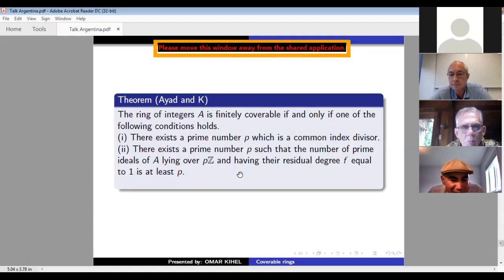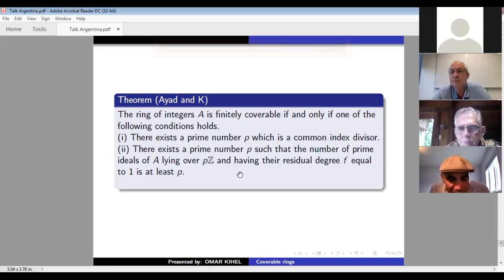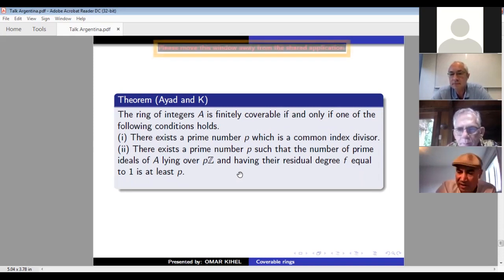The ring A is finitely coverable if and only if one of the following two conditions holds. This result is with my collaborator Ayad. Number one, there exists a prime number P which is a common factor of indices, or common index divisor, as we call it.